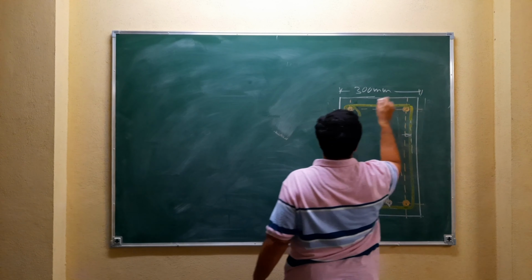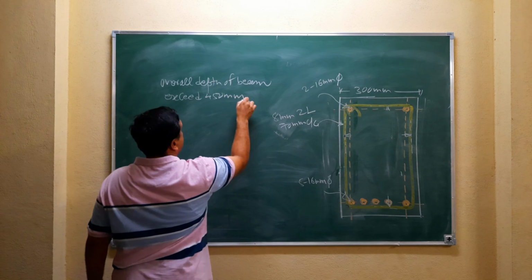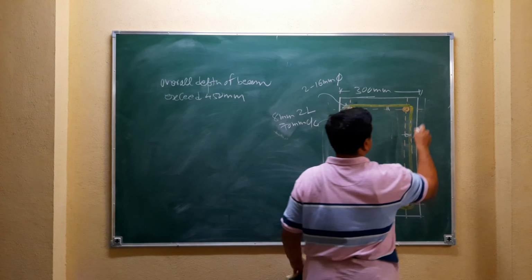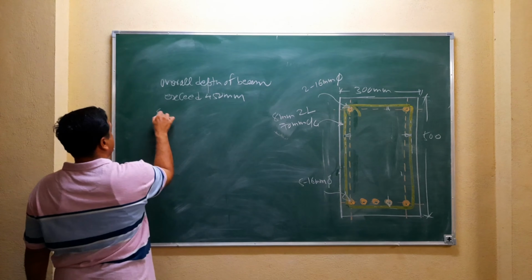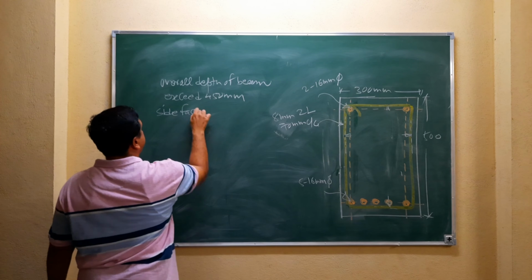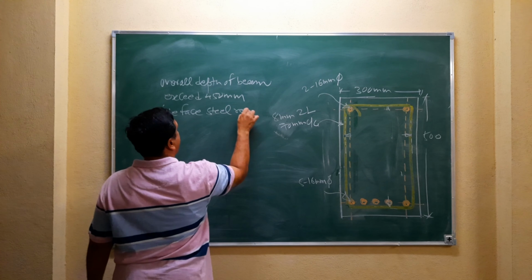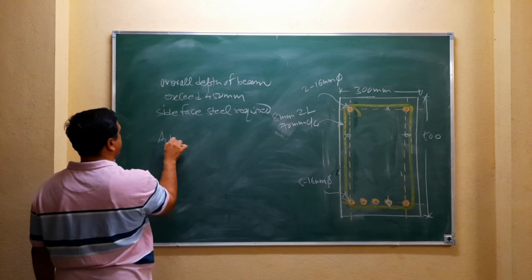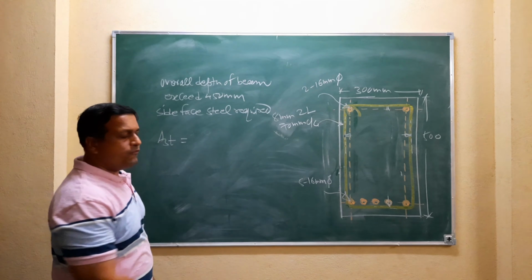Now last, overall depth of beam. The overall depth of beam exceeds 450 mm. So side face reinforcement is required. The side face steel is provided as 0.1% of web area.